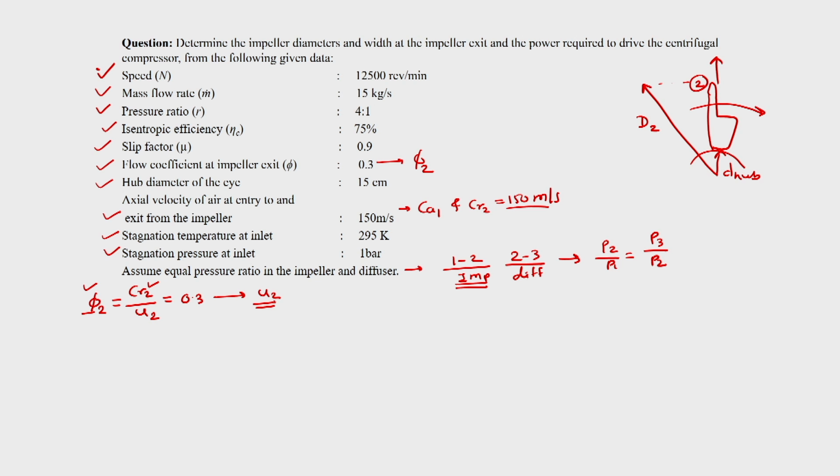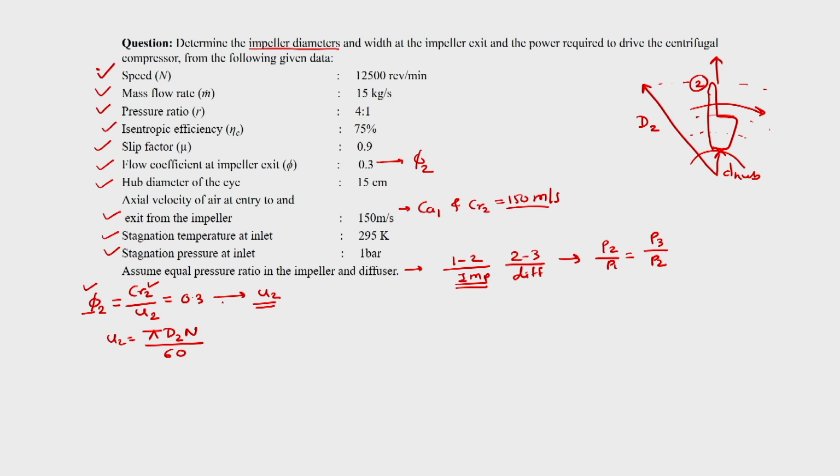Now we know D2. We are supposed to find out a few things, which is impeller diameters. Impeller diameter means we have to find out the diameter at the eye, and the diameter at D2, or the diameter here. Then we can find U2 equal to pi D2 N by 60.